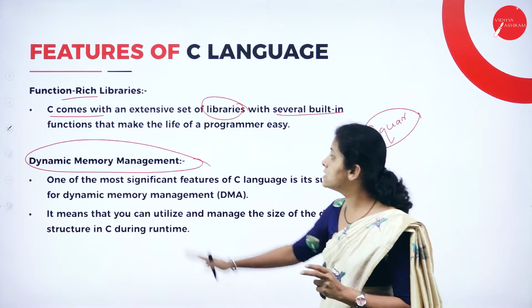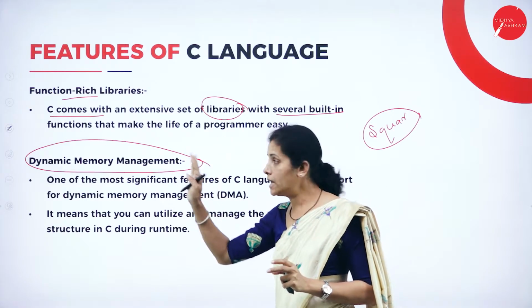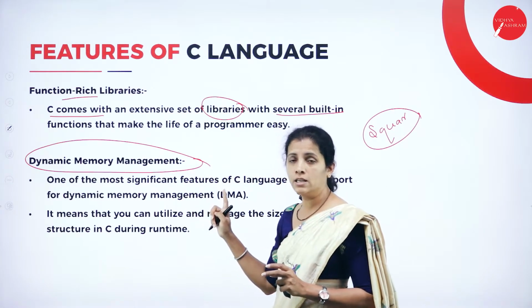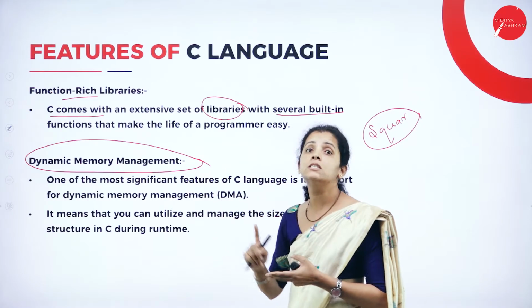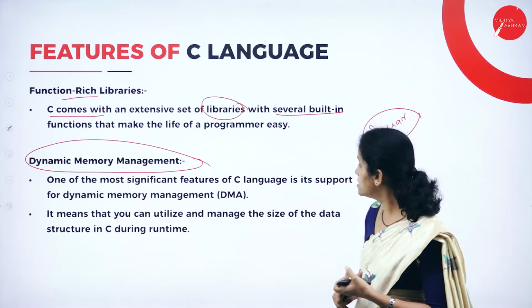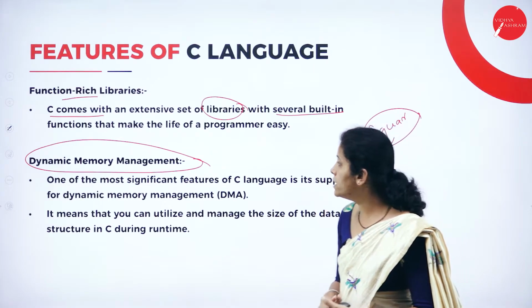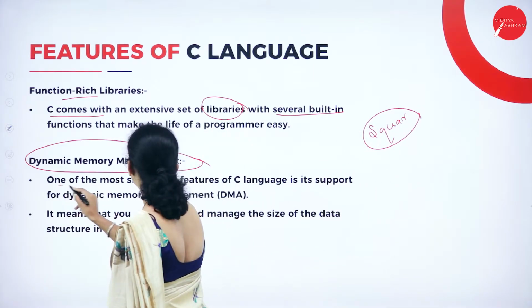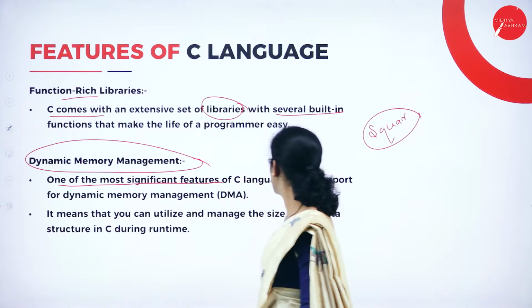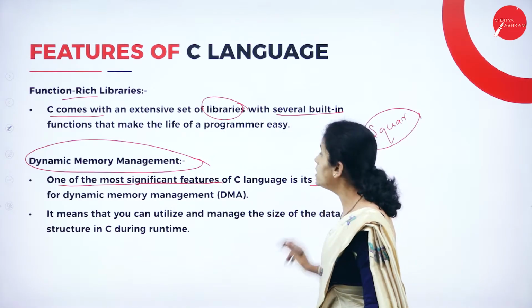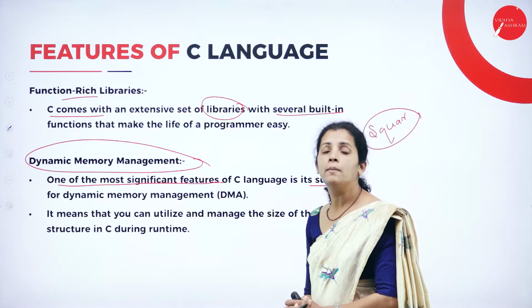For that reason, C supports dynamic memory management. To achieve that, C provides functions like calloc, malloc, and realloc. So one of the most significant features of C is support for dynamic memory management.